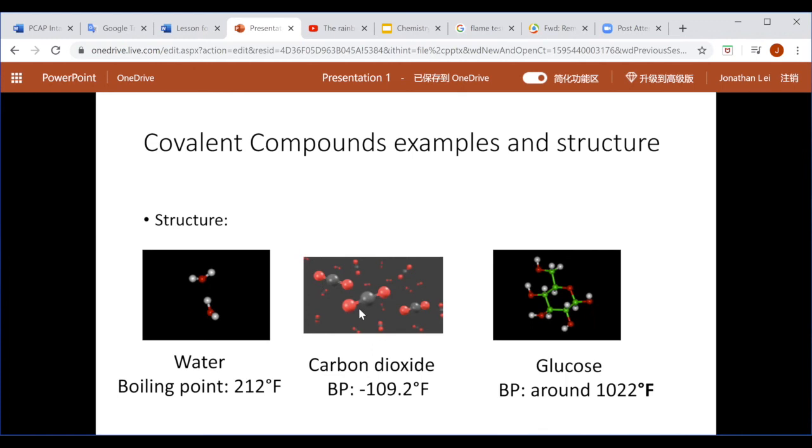There are all kinds of lines connecting each other, which makes it a molecule. And the little lines between the atoms are called covalent bonds. The covalent bond makes a molecule and makes it a compound. So that's why it is called covalent compounds.